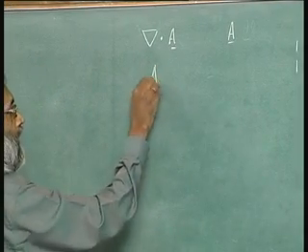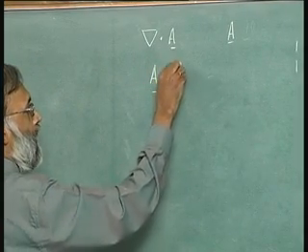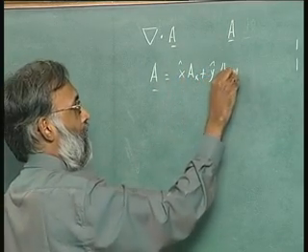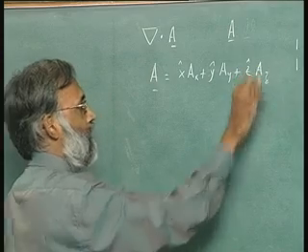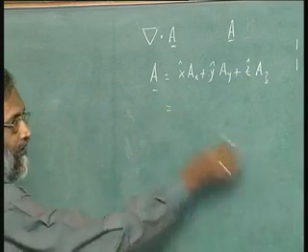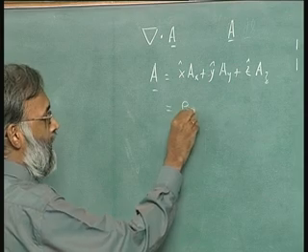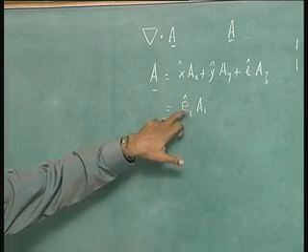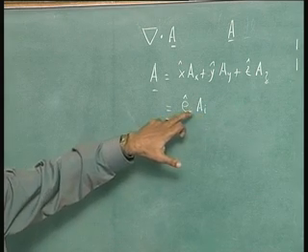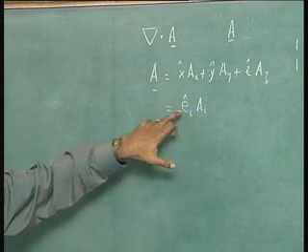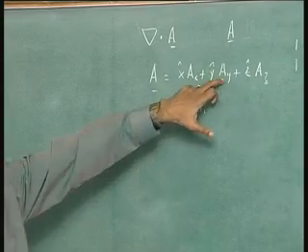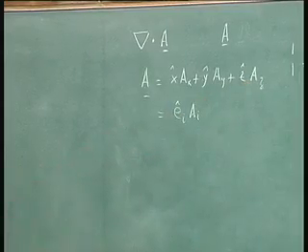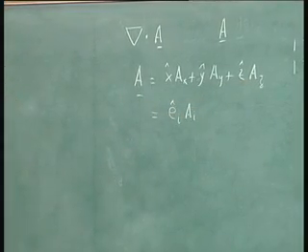Well, a vector A is equal to x hat A x plus y hat A y plus z hat A z. So, I represent in the same notation by saying E sub i A sub i, meaning the first unit vector times the component along the first direction, second unit vector times component in the second direction, plus third unit vector times component in the third direction.